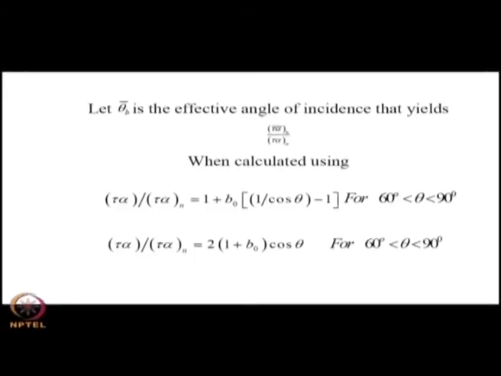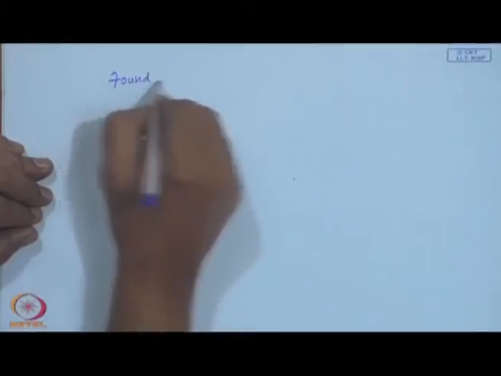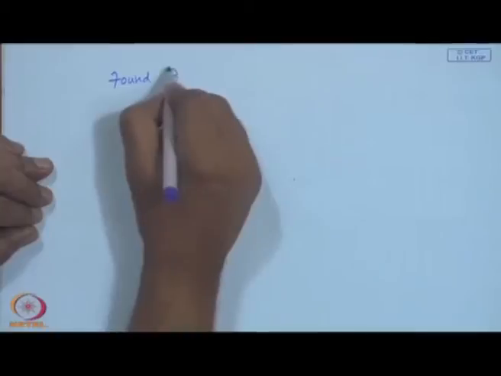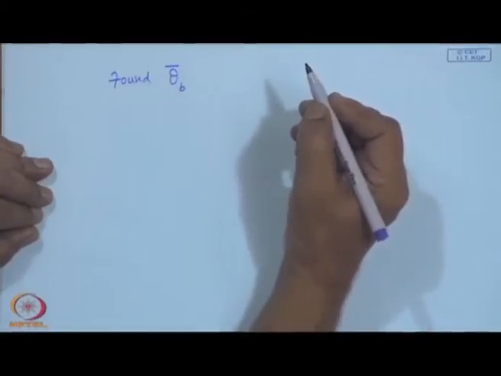So, having got this tau alpha bar b by tau alpha n number, whether it is calculated using the data or whether it is calculated using R t and R d correlations, they have put it back in the relation for tau alpha by tau alpha normal and found theta b, because it is a day.